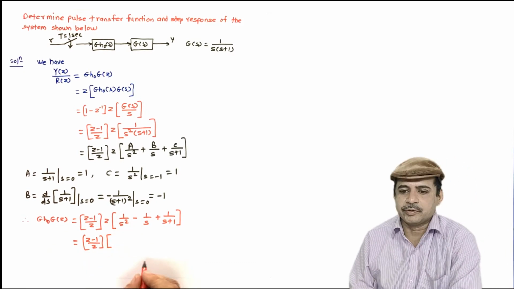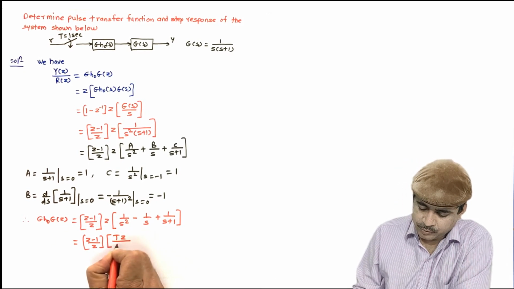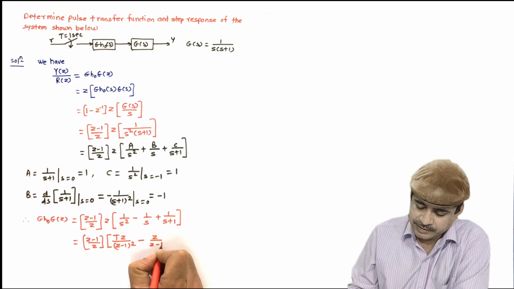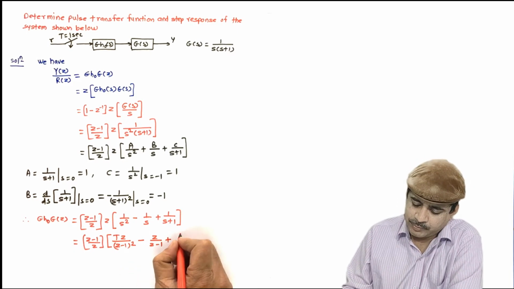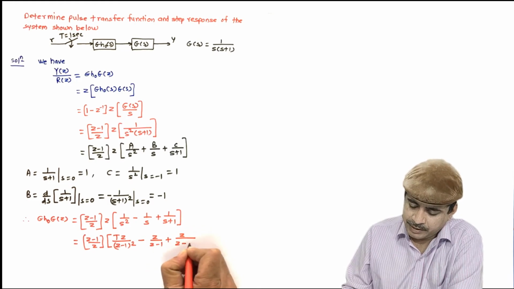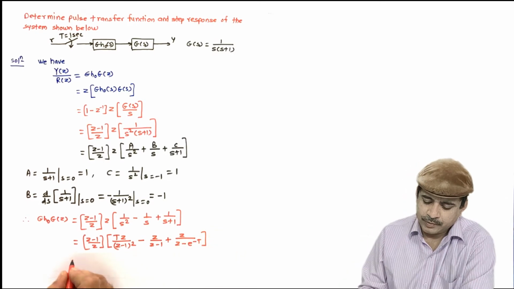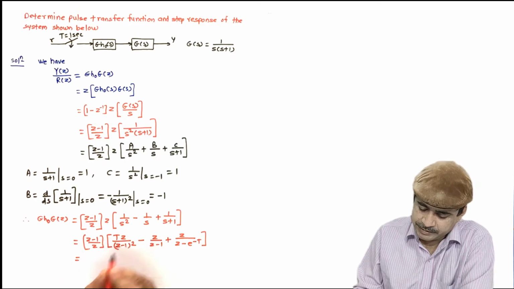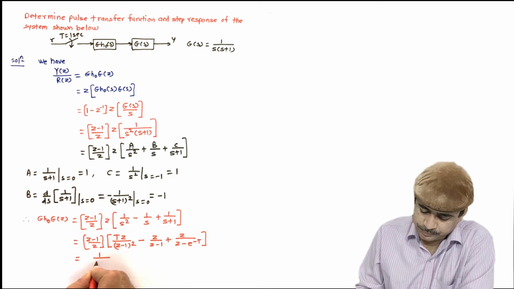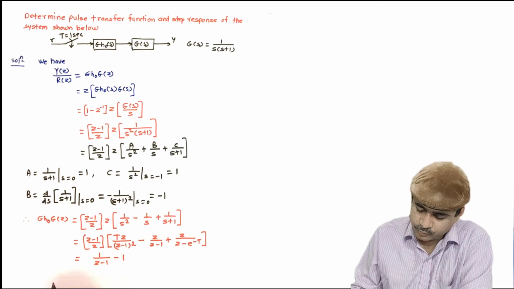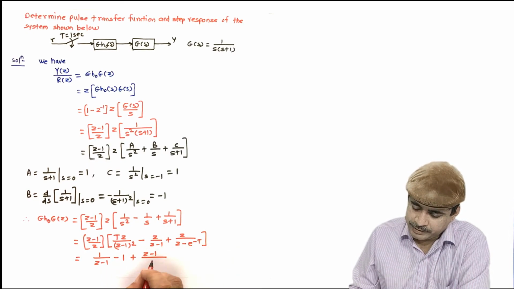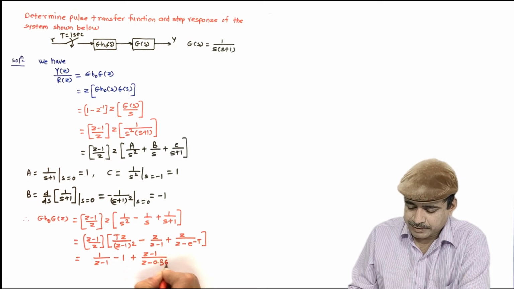Z transform of 1 by s square is Tz upon z minus 1 whole square, minus z transform of 1 by s, which is z upon z minus 1, plus z transform of 1 upon s plus 1, which is z upon z minus e raised to minus T. And after doing cancellation and putting the value of T, what we get is: z gets cancelled, T is 1, and this z minus 1 gets cancelled, so it is 1 upon z minus 1, minus 1, plus z minus 1 upon z minus e raised to minus 1, which is 0.3679.